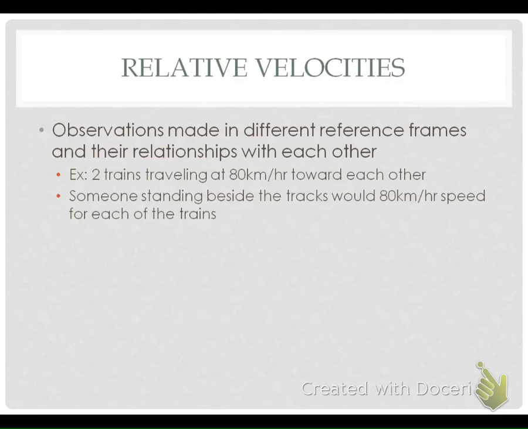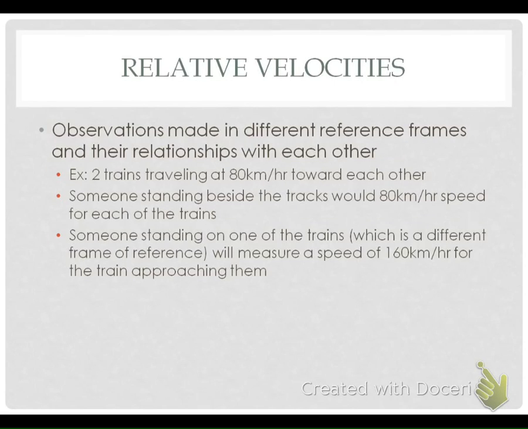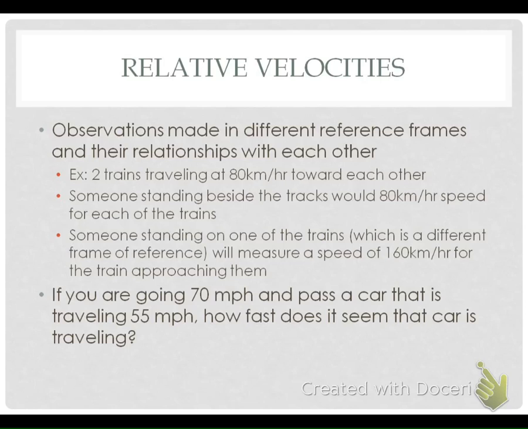Right? They both look to me, if I could calculate that in my brain just by seeing it, I would say that they're both traveling 80 kilometers per hour. Okay? Because I'm standing still and I'm able to see both of them. So the reason for this is that you're moving 80 kilometers per hour, they're moving 80 kilometers per hour, closing in on that same distance in half the amount of time. So it looks like we're going twice as fast, okay?